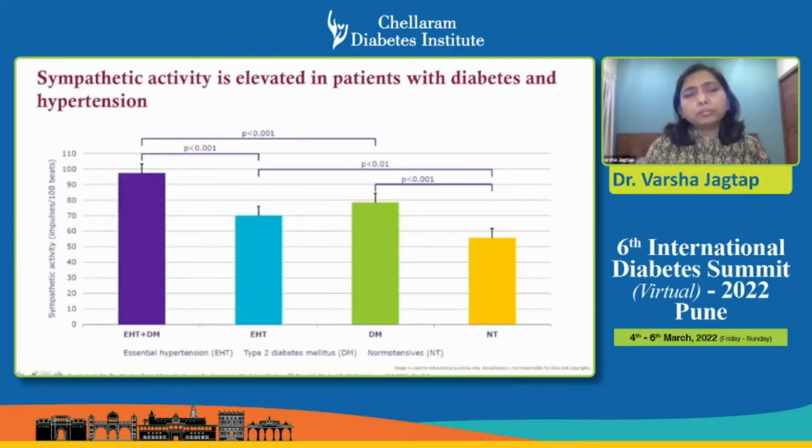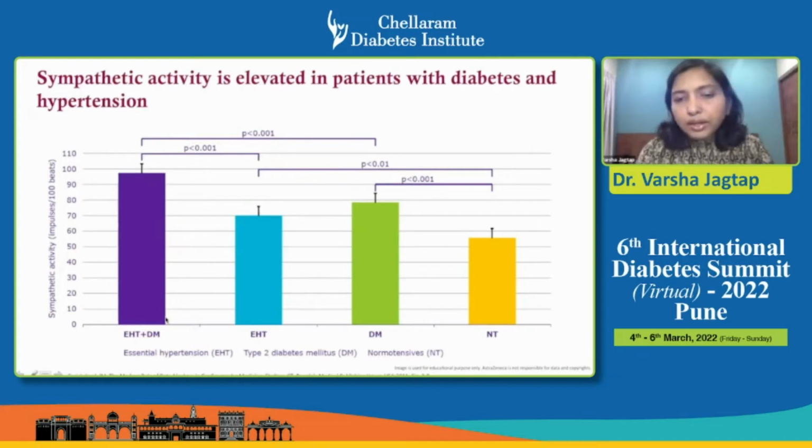Now, when we talk about sympathetic activity, is it actually elevated in our patients with diabetes and hypertension, and what do the studies tell us? This particular study has compared normotensives with diabetics, those who had only hypertension, and those who had both diabetes and hypertension.